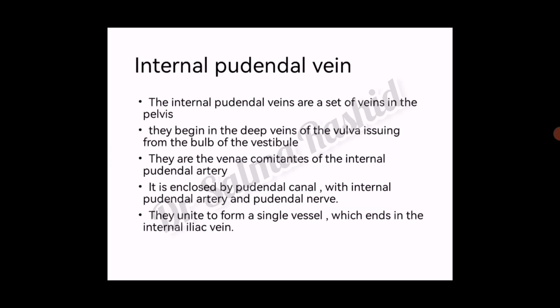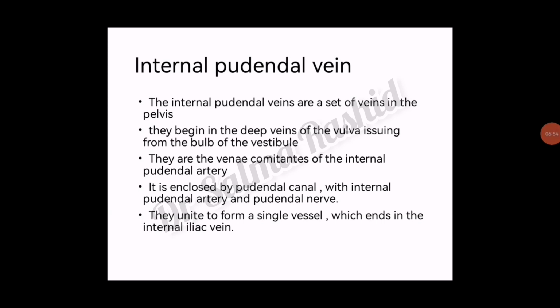Now internal pudendal vein. The internal pudendal veins are a set of veins in the pelvis. They begin in the deep veins of the vulva, issuing from the bulb of the vestibule. They are the venae comitantes of the internal pudendal artery.